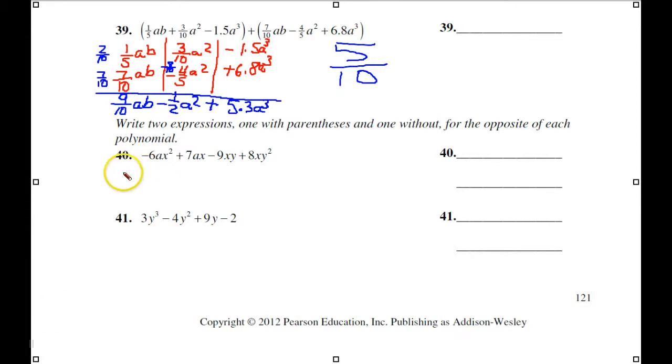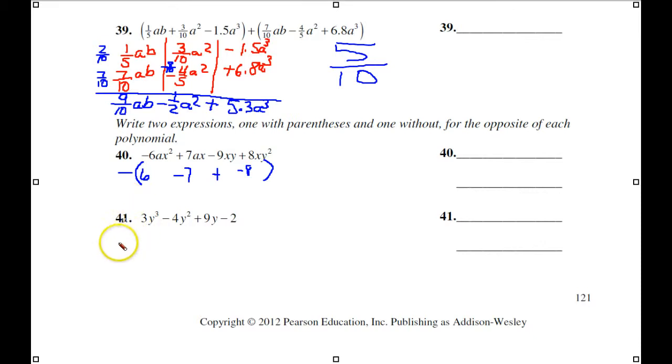So if we take out a negative 1, we put a parenthesis around it and then change all of the signs. So this will now become a positive 6 in that, and this will become a negative 7 in that, and this will be a positive 9 in that, and this will be a negative 8 in that.